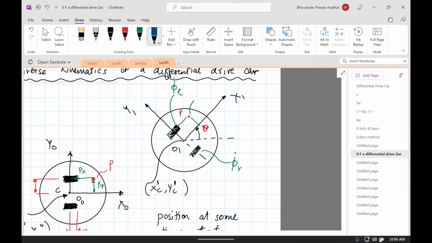Let's call it xp. I can erase this. And if you want, you can call this xp0, yp0.